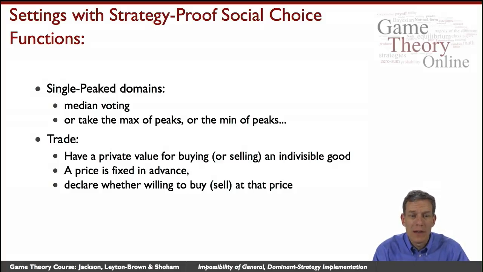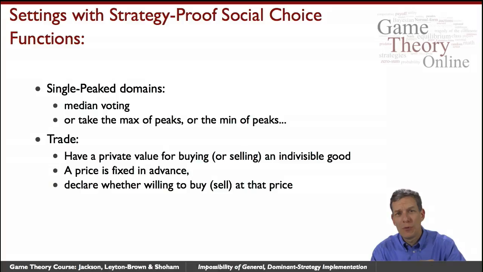Another setting is trade. Imagine that you have an indivisible good. You have a buyer and a seller, and they might have private values for how much they value the good, and you're trying to get trade to go on. One mechanism that works in that situation is just to fix a price. Say you can trade at a price of 10. Individuals say, at a price of 10, am I willing to trade or not?